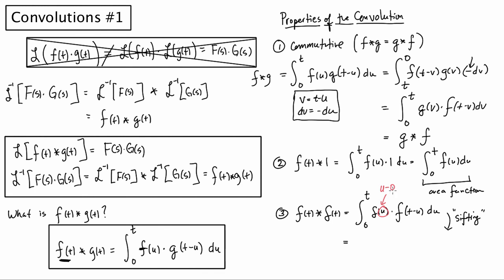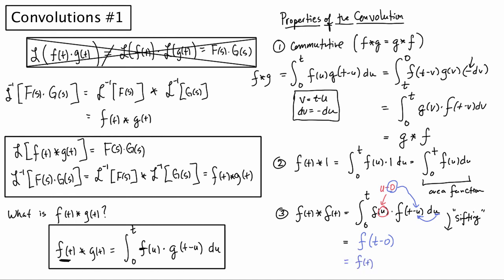What the sifting property does is you take the shift of this variable, which is the 0, and you plug it in for the variable of integration here, which is u. So out of all of this, you would just get the function evaluated at t minus 0, or f of t.